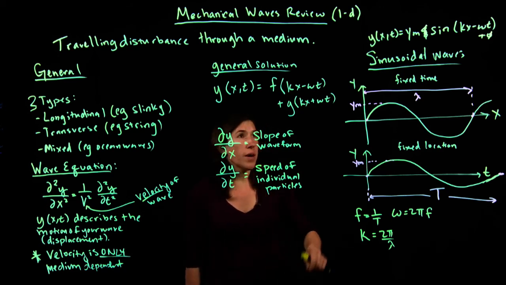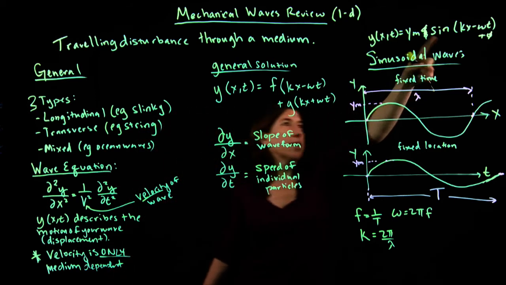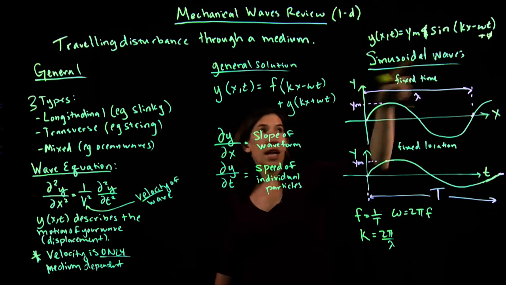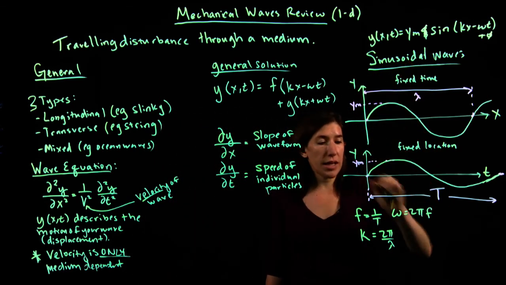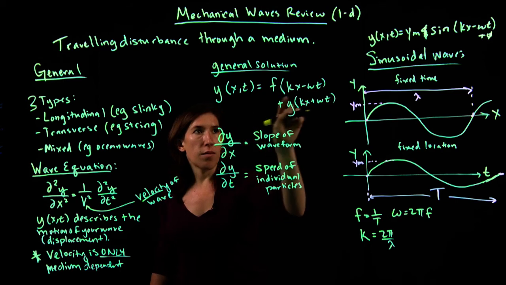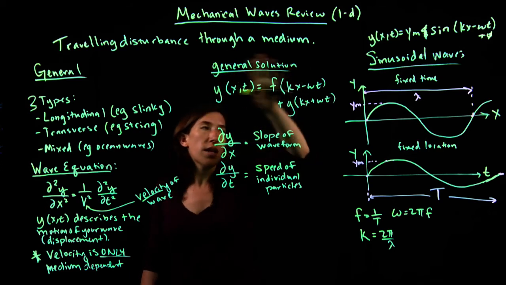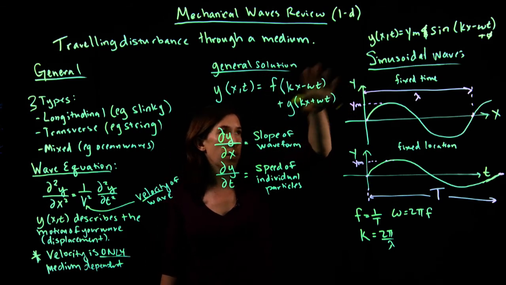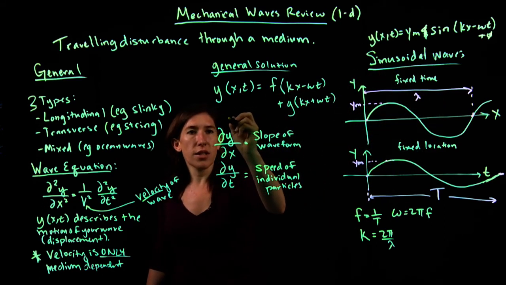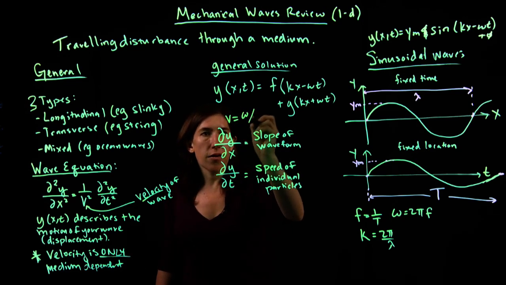And then in order for this to be a solution of the wave equation, the wave equation doesn't have this velocity that showed up here at all. But this is actually related. These are only a solution if these two constants, k and omega, which in general can be whatever you want them to be, and only represent the wave number and the angular frequency in the case of sinusoidal waves, satisfy that the velocity is equal to omega over k.